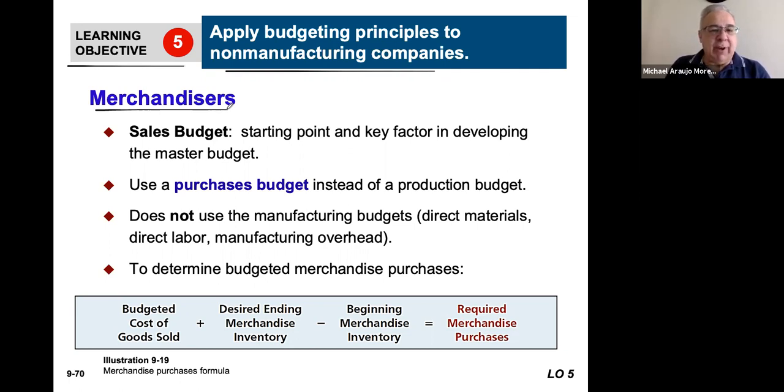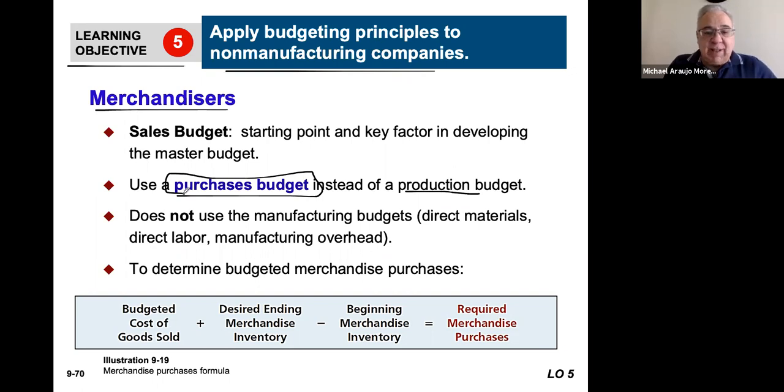A merchandiser would also have a sales budget to project what it's going to sell. But of course, a merchandiser is buying the goods from a manufacturer, so they wouldn't have a production budget. Instead, they would have a purchases budget to know exactly what their inventory is going to be.